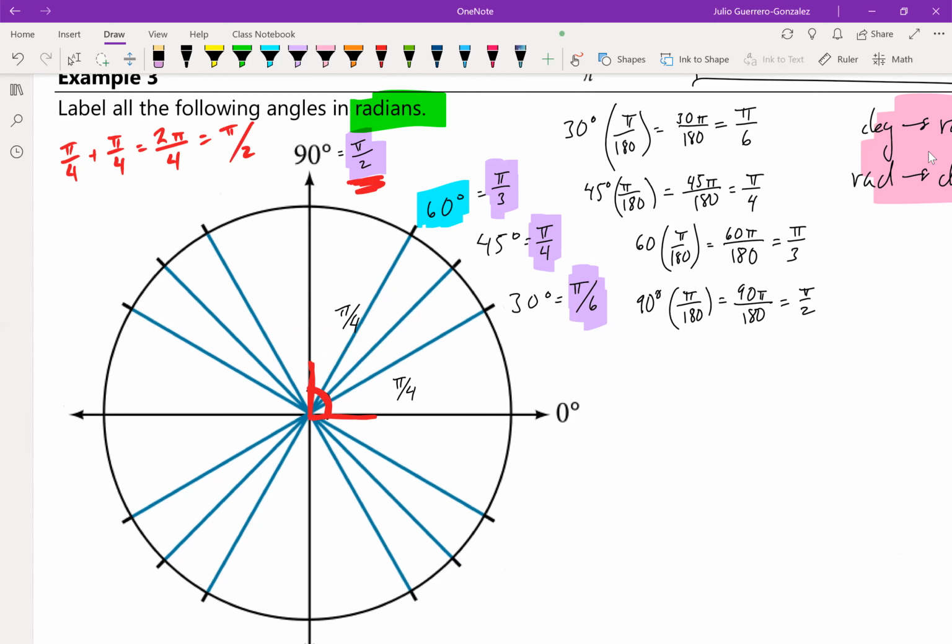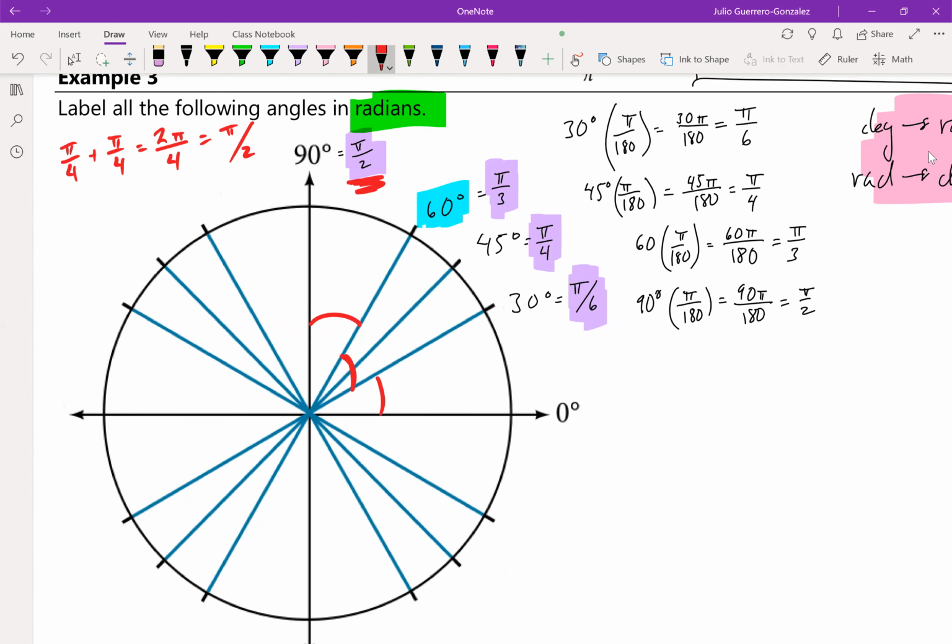And then likewise, this is pi over 3. Or sorry, this is pi over 6, right? So 30 degrees. This is also another 30 degrees between these two right here. And then this right here is also another 30 degrees.